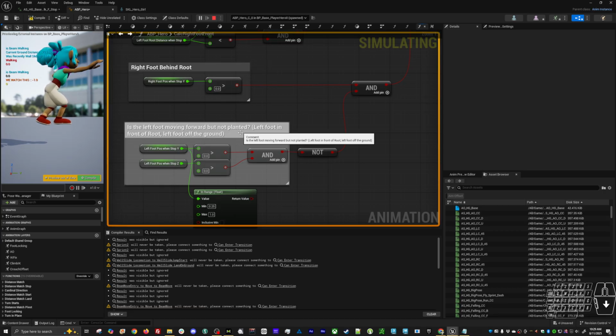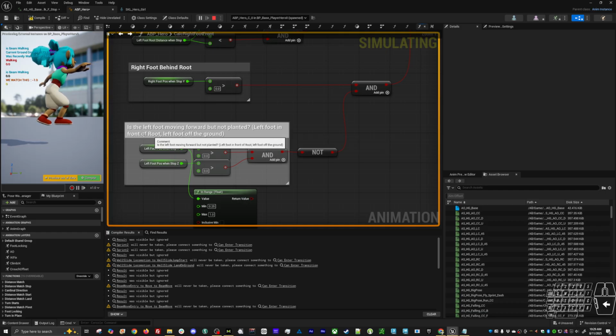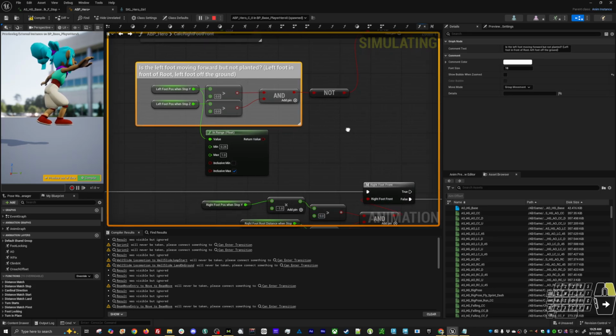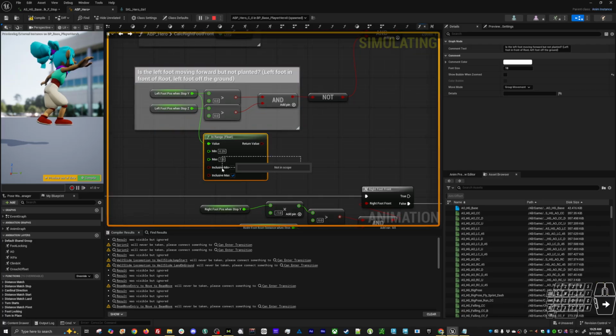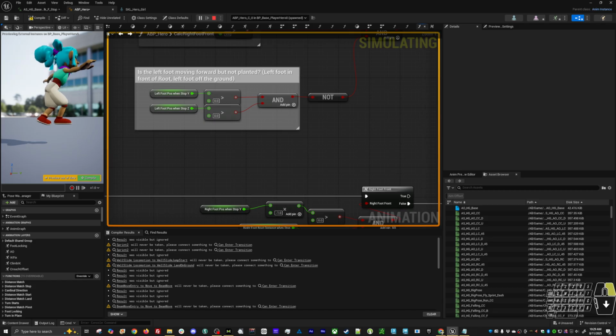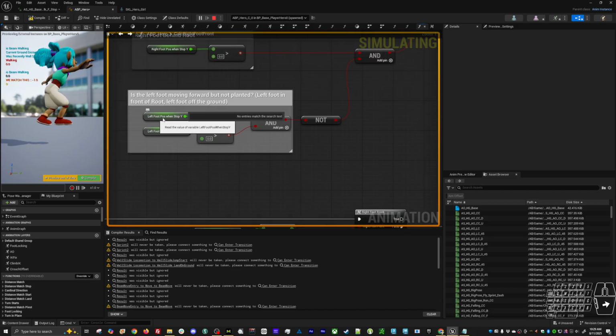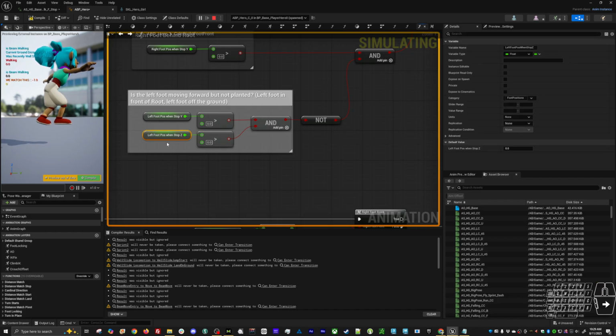Is the left foot moving forward but not planted? Left foot in front of right, in front of root, left foot off the ground. Okay, we're not using this. Let's not confuse ourselves. Left foot position when stop Y is greater than 0. So we need that to be not true. Now left foot position when stop Z is greater than 0.